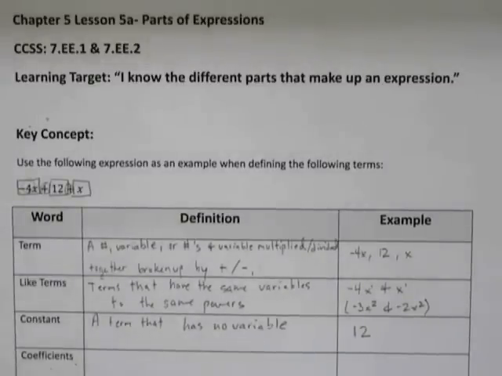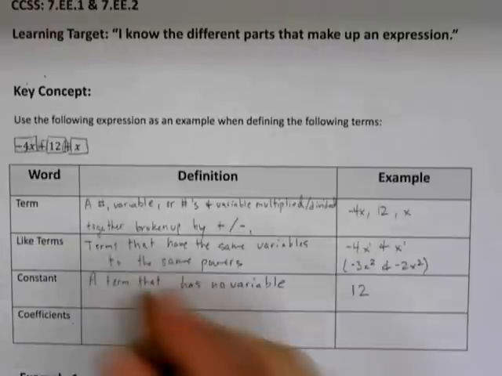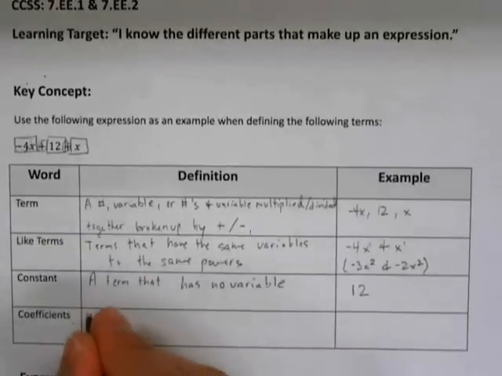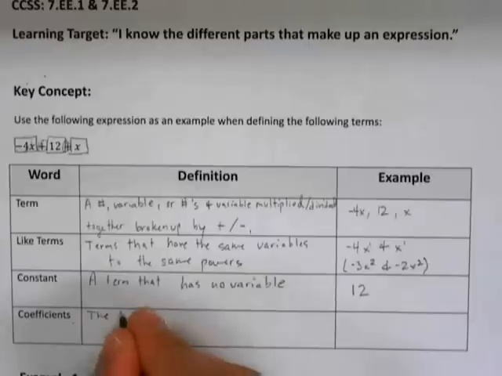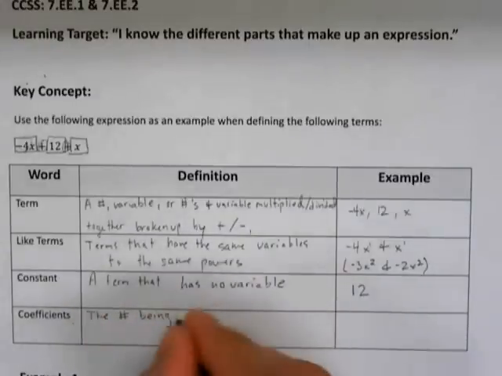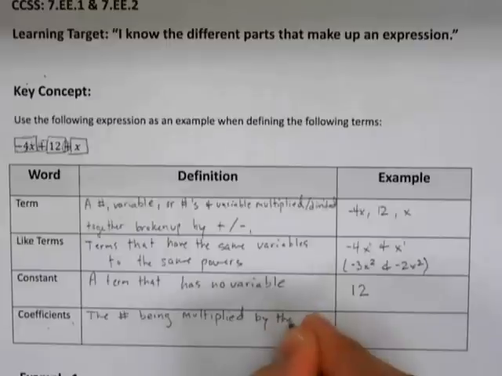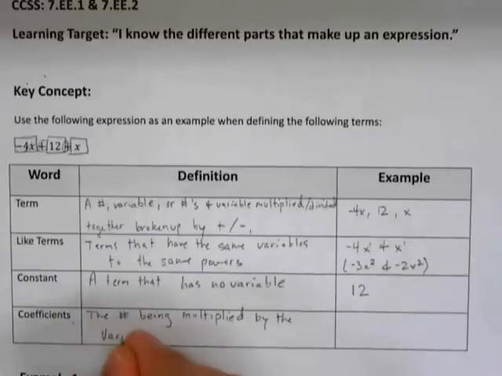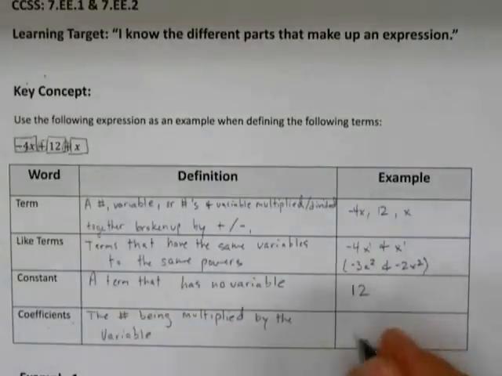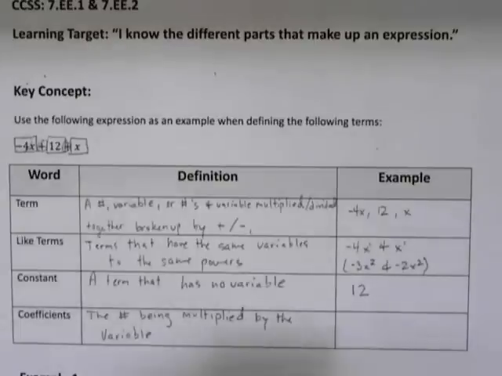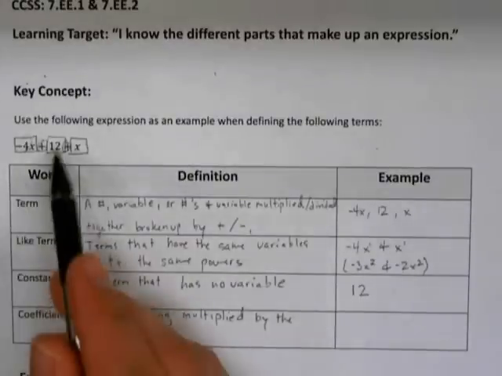And the last thing we're going to define today is coefficients. A coefficient is the number being multiplied by the variable. The coefficients here: 12 is our constant, not a coefficient, since there's no variable.